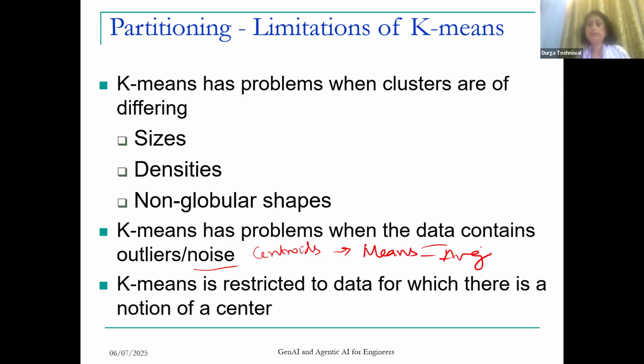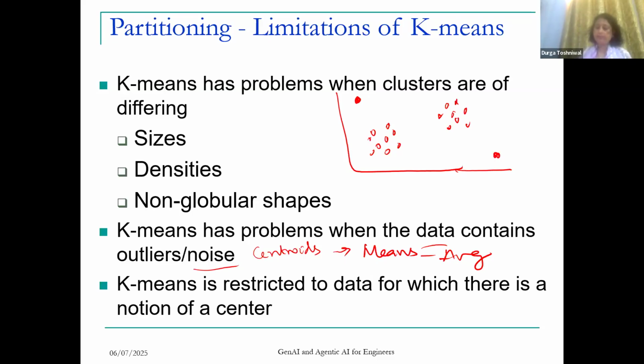Because it is based on average, if there's noise in the data, it will substantially change the means. Say for example, let's say I have some set of points here, and these are all the normal points, and there's another cluster, these are the normal points. But if there's one point here and maybe one point here, now as per this method, each and every point needs to be accommodated in exactly one cluster.